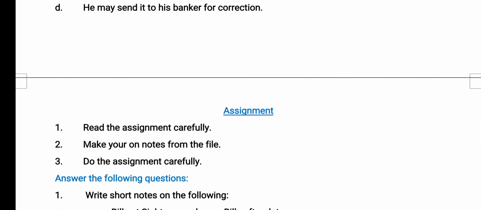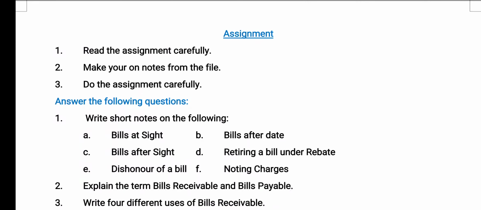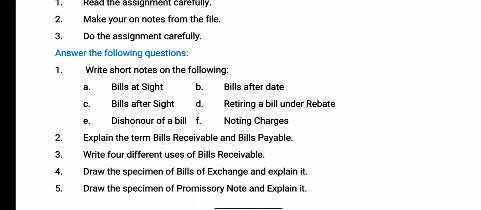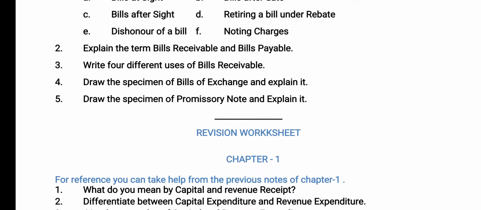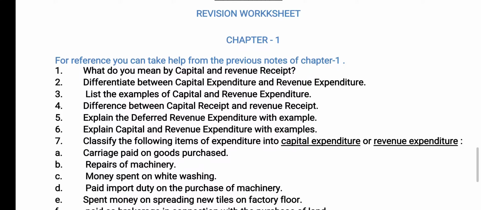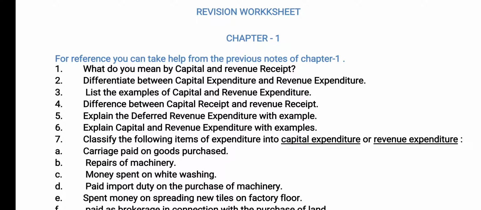As you can see, the assignment is given below. You have to do this assignment, read the notes carefully and make your own notes. In addition, we are giving you a revision worksheet for the work which has been done in our previous classes.